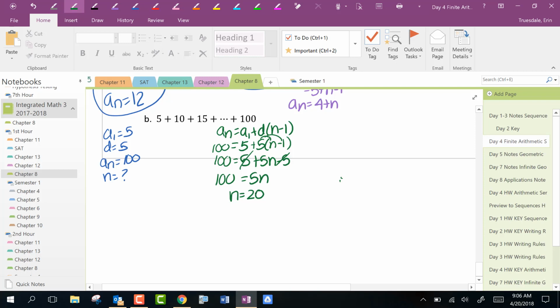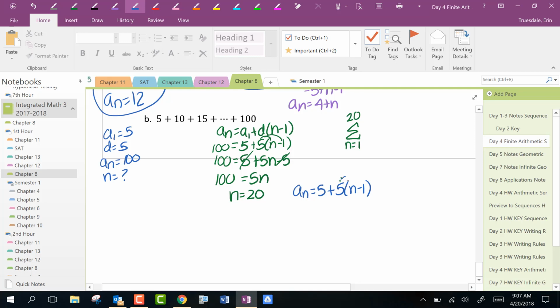Questions? Okay, so I'm going to write my little summation. I'm starting at term 1. They don't tell us there's any term above that, so n equals 1 to 20. And I need a rule that generates these terms. You can go back and solve for the rule, or you might know the rule by now. So an equals a1 plus d times n minus 1.